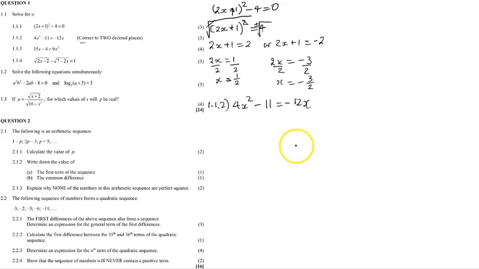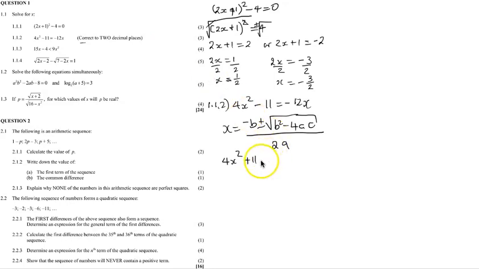Our quadratic formula says x equals negative b plus or minus the root of b squared minus 4ac, all over 2a. So when you transpose this to the other side, you are going to have an equation like this: 4x squared minus 11, or it's going to be plus 12x. Let's write it in the correct form, which is ax squared plus bx plus c.